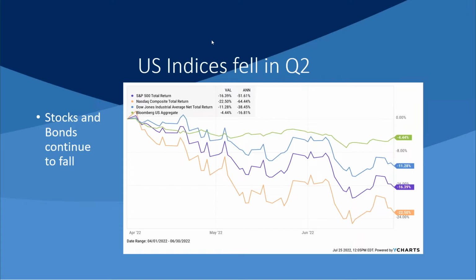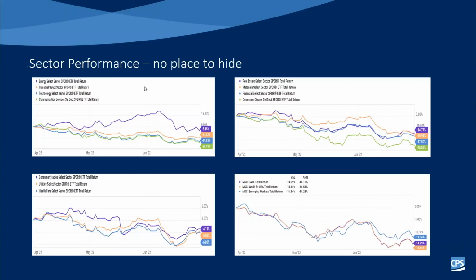So I'll dive into the S&P briefly and just show you that really there's no place to hide. If you look at the sectors individually and even go to the international market in the lower right corner there, there weren't very many good places to be invested here in the second quarter. So this is going to really highlight diversification, knowing what you own, owning quality companies that, at least during times like these, are going to keep sending you dividends.